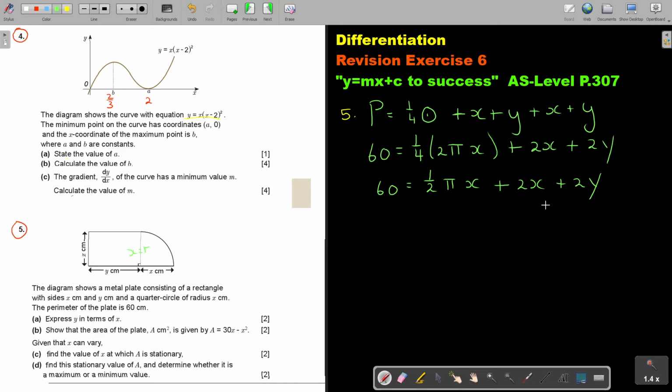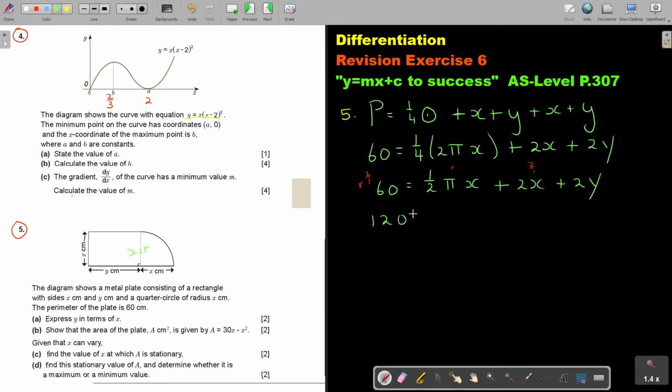Let's just look at what they want. Express y in terms of x. Let's just get rid of the half. So I multiply everything with 2 over 1.